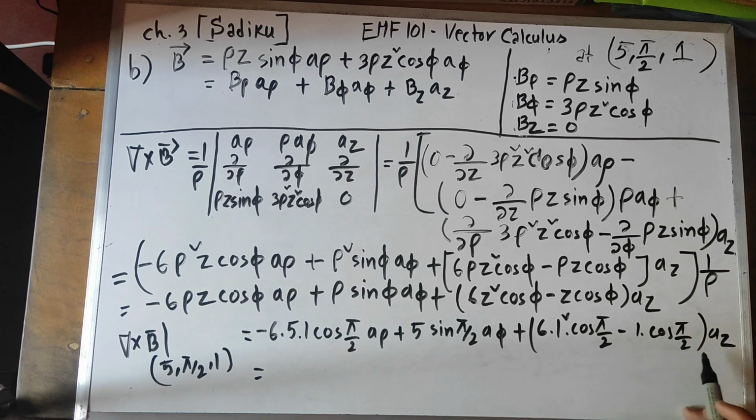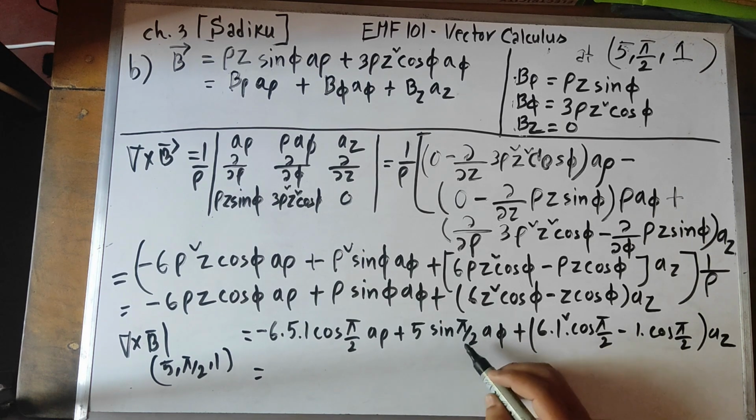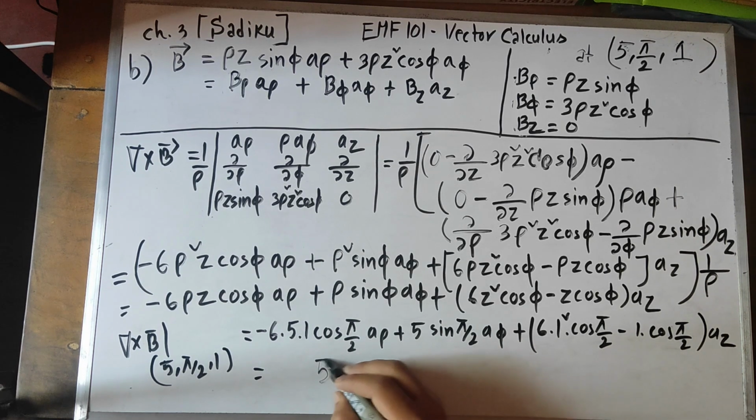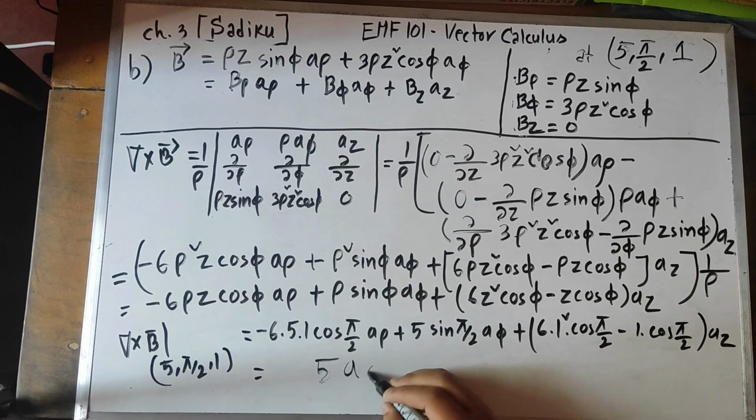This is 0, this is 0, so leaving behind sin pi by 2 is 1, so 5 a phi.